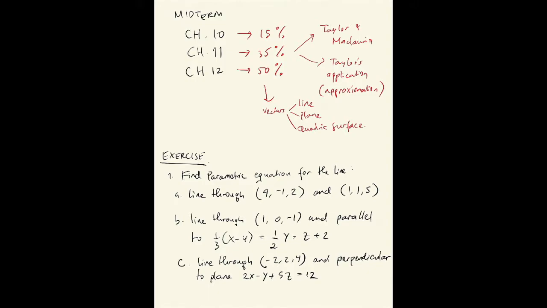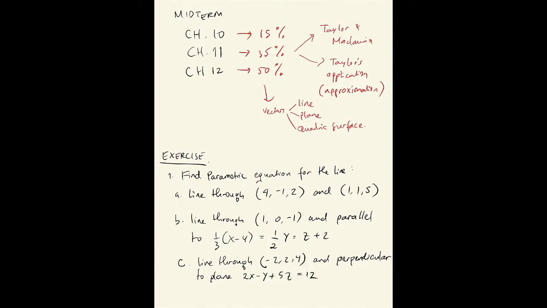So this is the first exercise. Number 1, find parametric equation for the line: A, line through some point and some point. B, line through some point and parallel to the equations. C, line through some points and then perpendicular to plane.